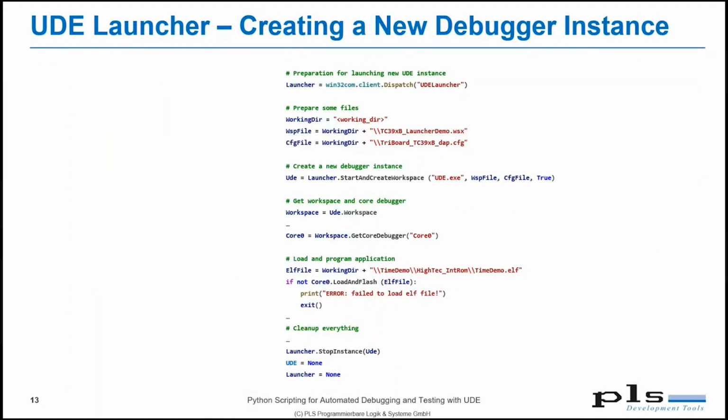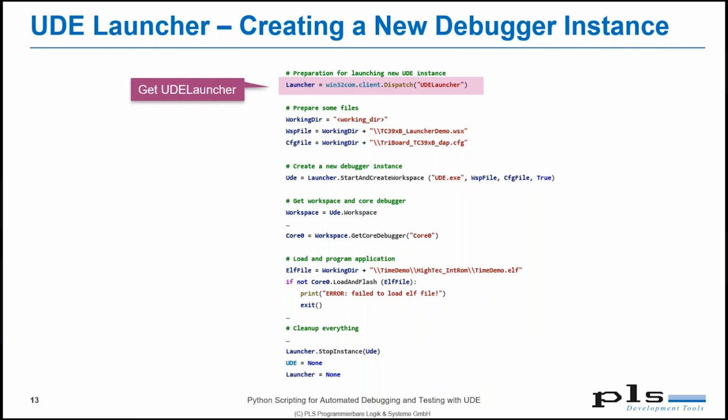We connected our script to the UDE, which is already running. Sometimes you want to open a new UDE, and for that you can use the script as we did before, but you have to change this script a little bit. Firstly, of course, the running instance manager wouldn't work anymore for this use case.